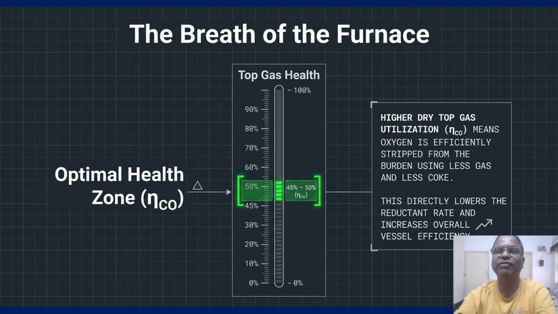The so what factor is direct. A higher ATCO translates immediately into a lower reductant rate and higher vessel efficiency. So if your meter drops below 40%, you are exhaling usable carbon monoxide that should have stayed in the furnace to reduce ore. This is often a sign of channeling or poor gas-solid contact in the shaft.